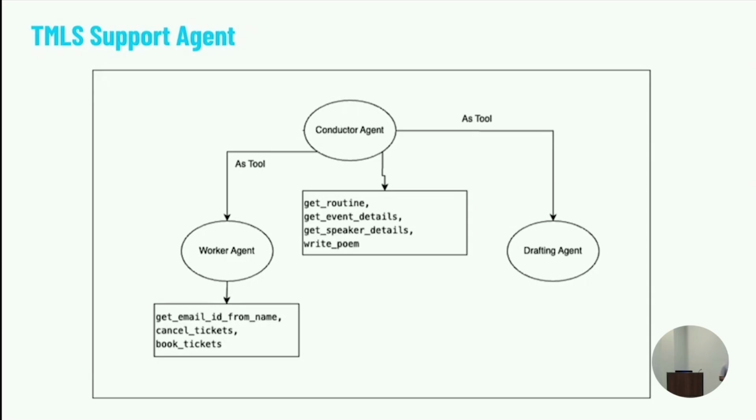And in terms of memory, do you implement memory at an agent level or at a workflow level? Memories are at the agent level because they have separate folders. The conductor doesn't need to know what the email policy is, and the worker doesn't need to know what the conductor is doing after it booked the tickets.